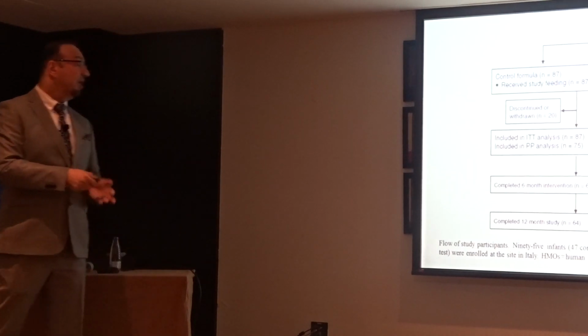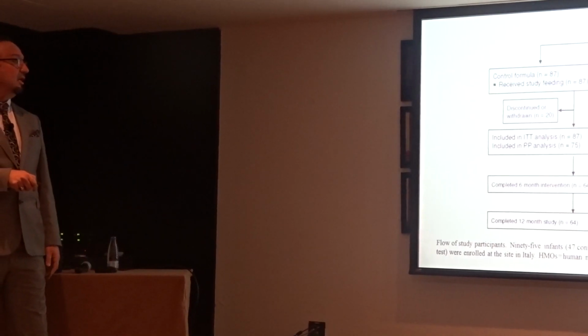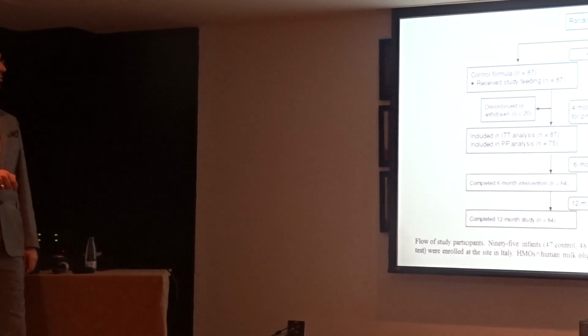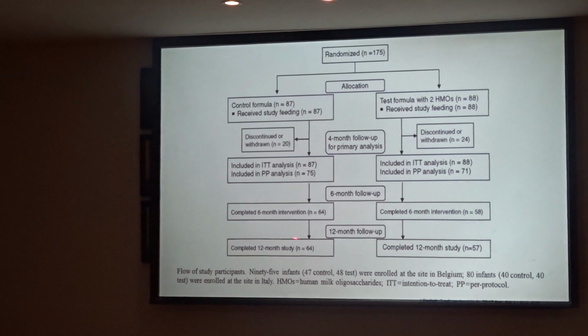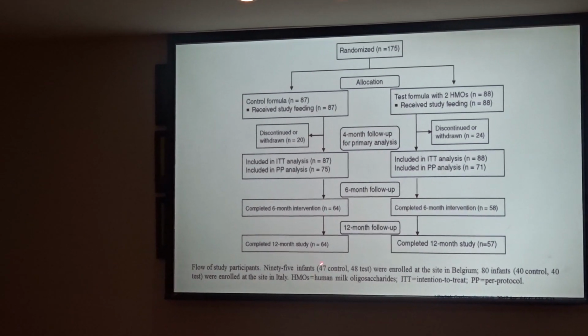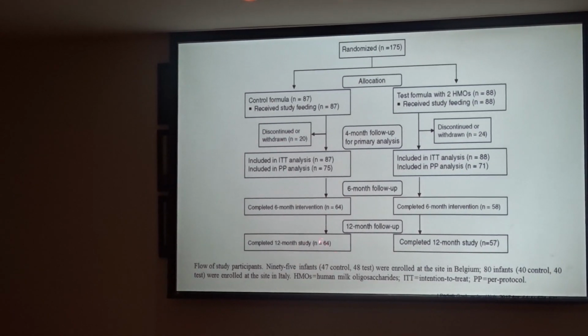Those finishing the study who took the fortified formula were 57, and those in the control group were 64 infants. The endpoint was to check the safety of the human milk oligosaccharide, the growth, and the morbidity.